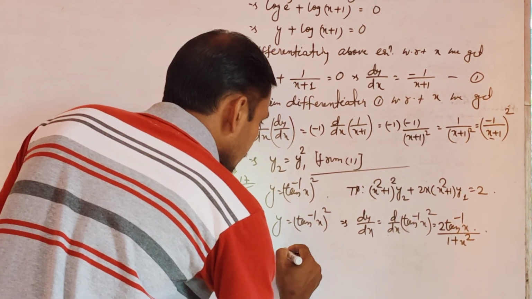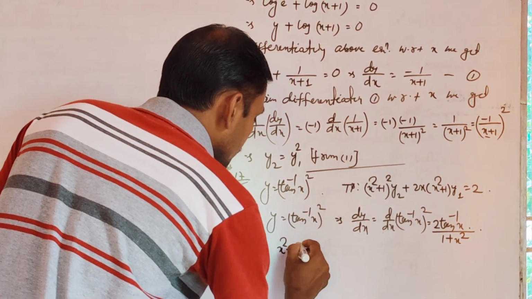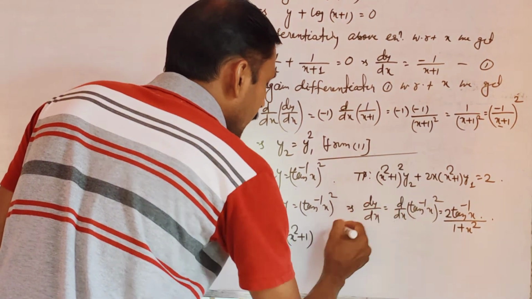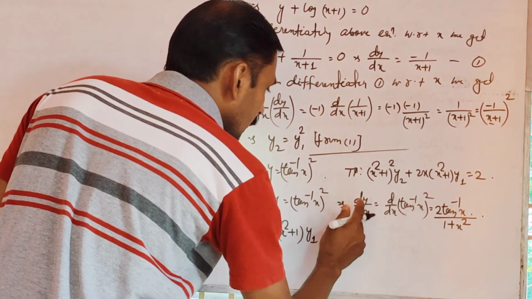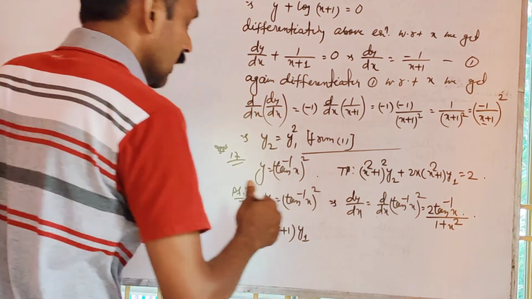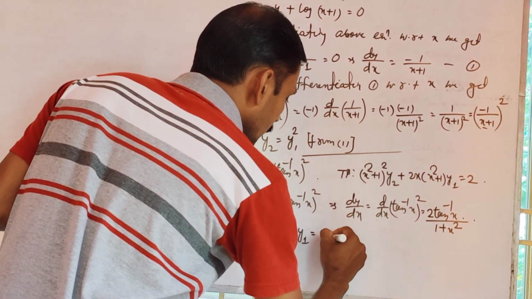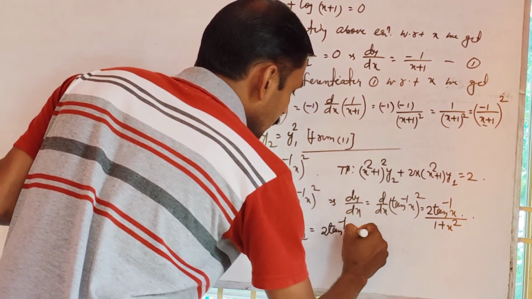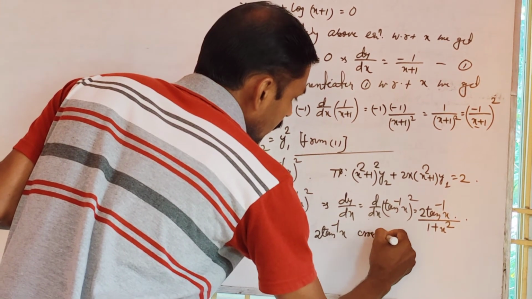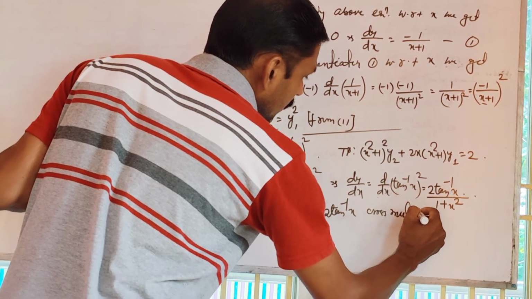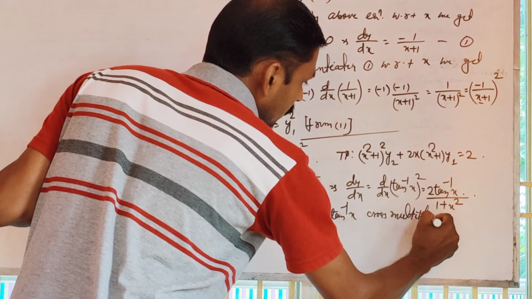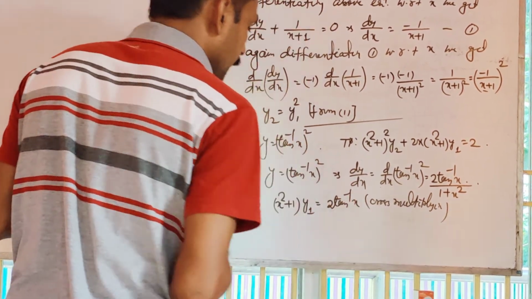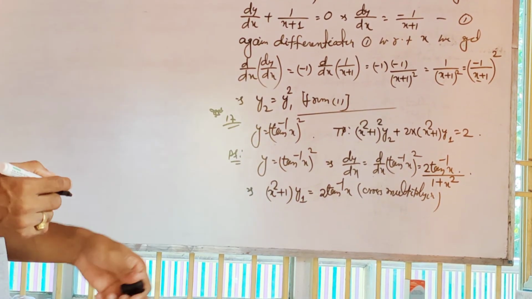So this implies x square plus 1 into dy by dx, that is y1, equals 2 tan inverse x. Cross multiply. Now again what we will do?